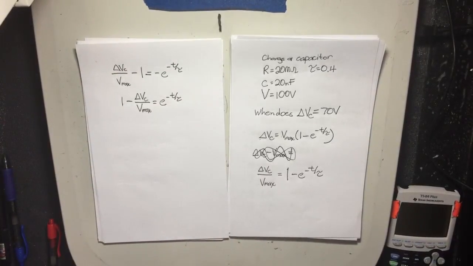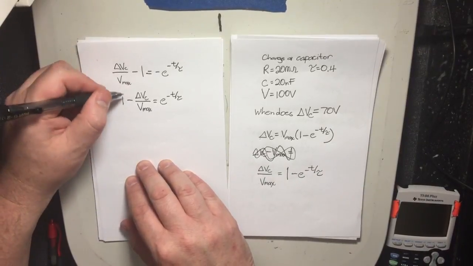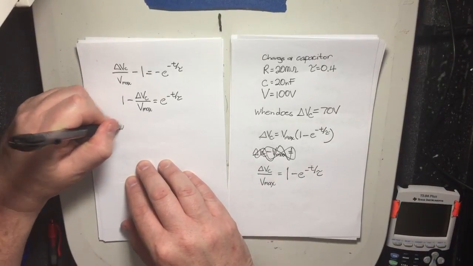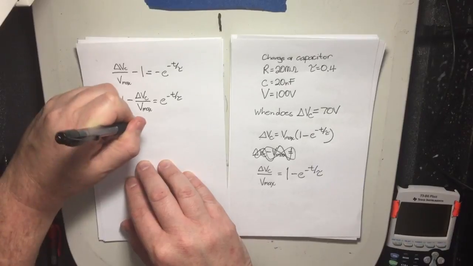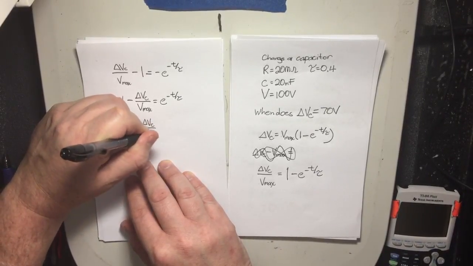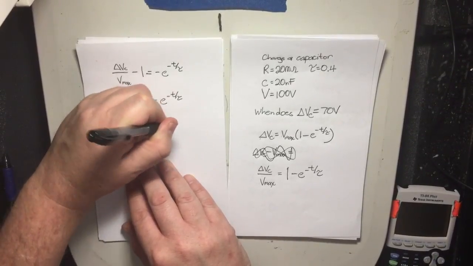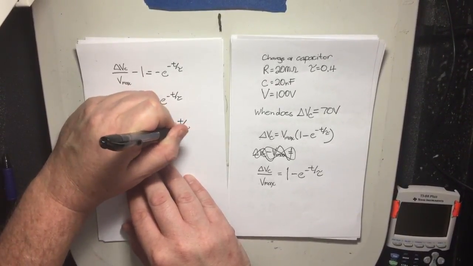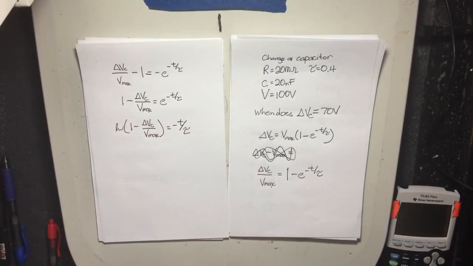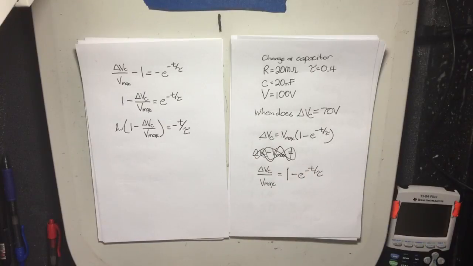And then, let me do it and then I'll explain it. So for this particular step, people go, what? What's going on? I took the natural log of both sides.